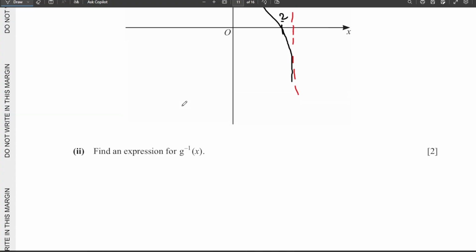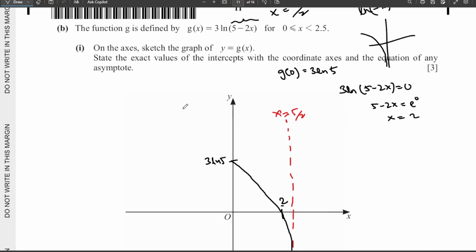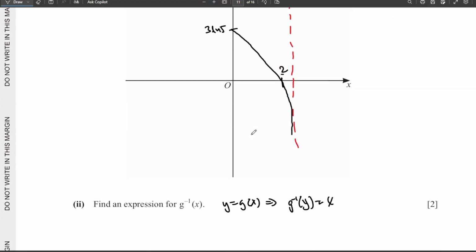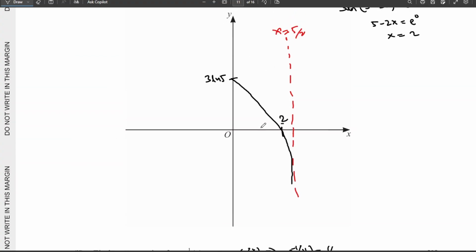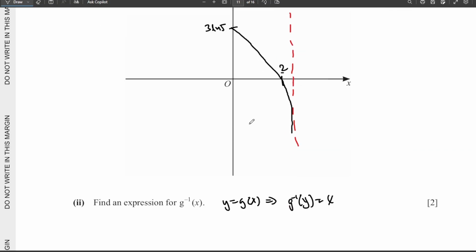Find the expression for the inverse of g. Okay, we know that if y equals g(x), then g inverse of y will be equal to x. So we swap the variables, or we find back the original variable.